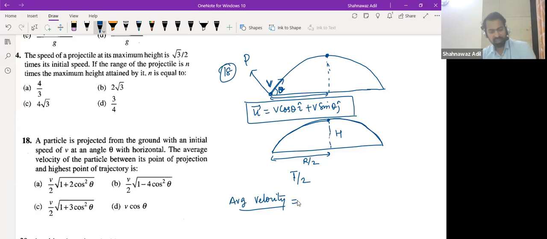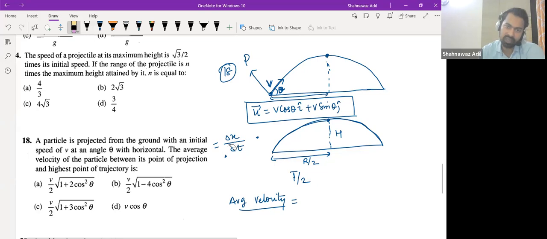We can use delta x by delta t when we know the initial and final velocity, but we don't know the initial and final velocity. That would be hectic to calculate.